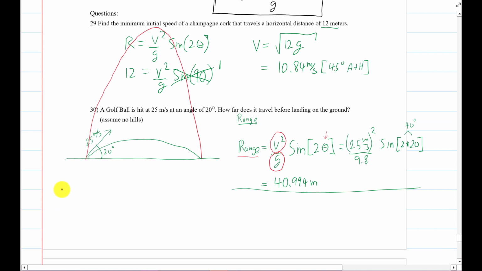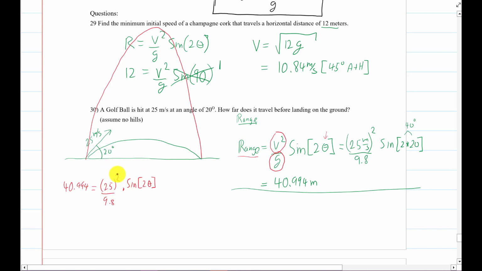Okay, the range is still going to be 40.994, and we still want it to be 25 squared all over 9.8, just the range formula. And then we still want to go sine of 2 theta, but now I'm saying give me another angle, because 20 is going to solve this.